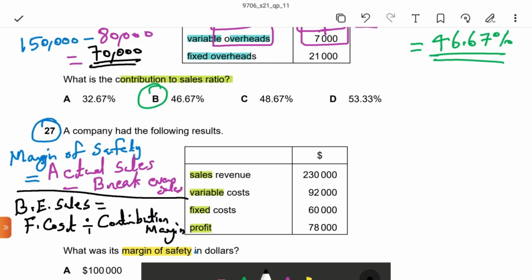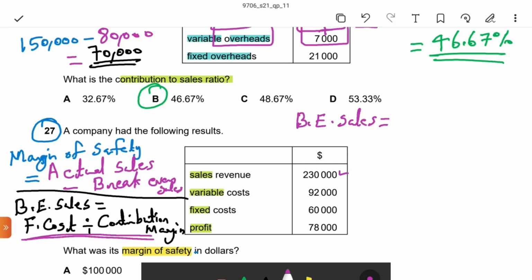So first we can calculate the break-even sales. Actual sales is already given here, 230,000. So we have to find the break-even sales. What is the equation?